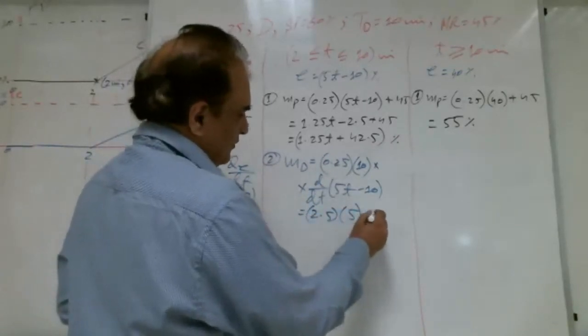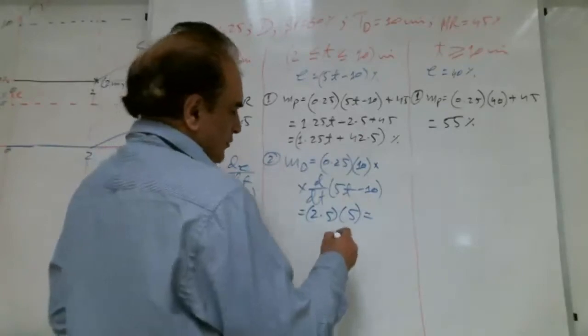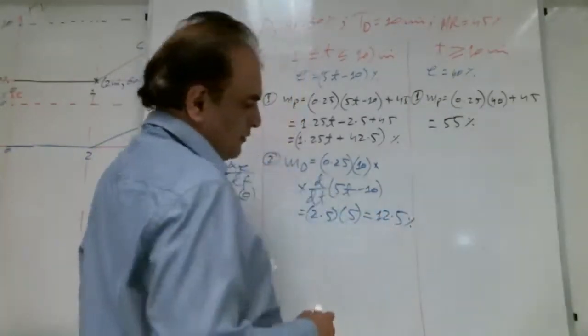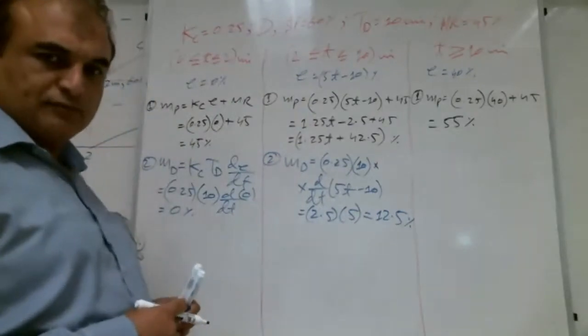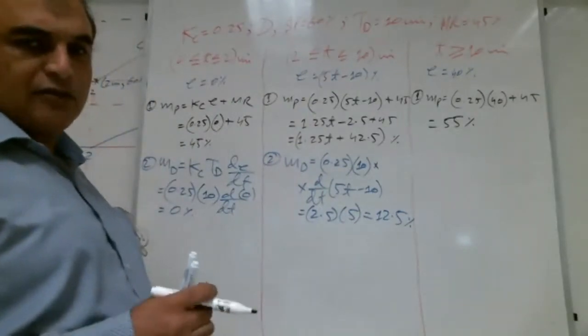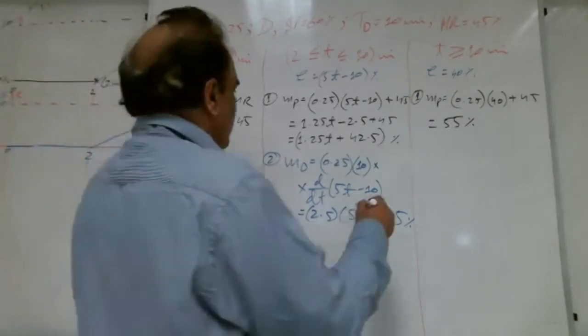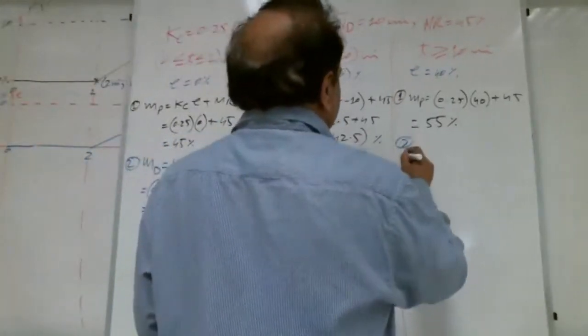How much? 12 and a half. 12.5. Right, Shabab? That's good. A lot of brothers are writing 12.5. That's good.